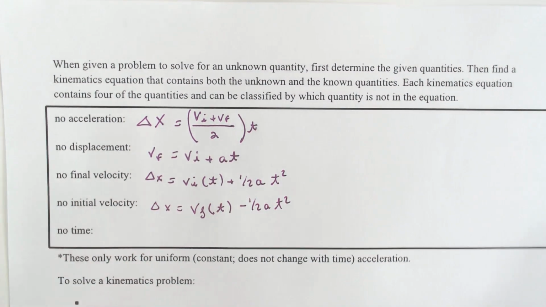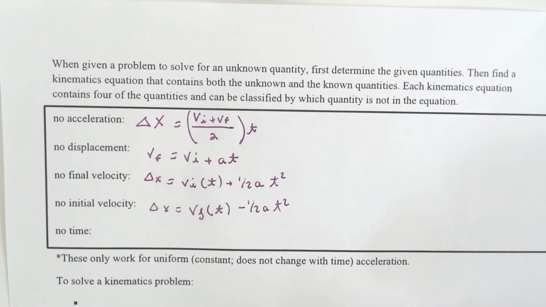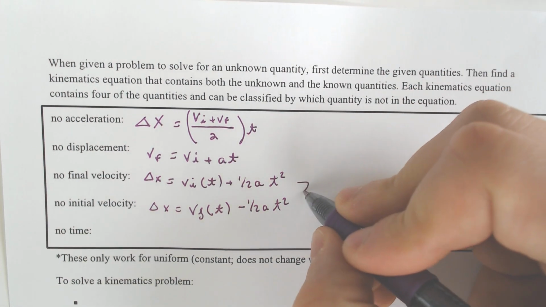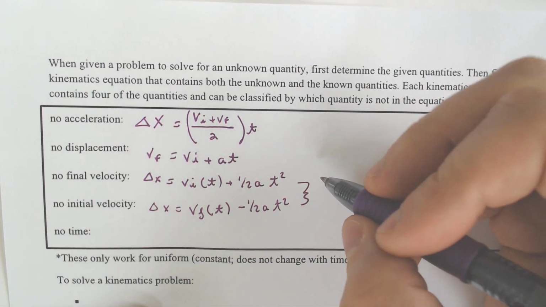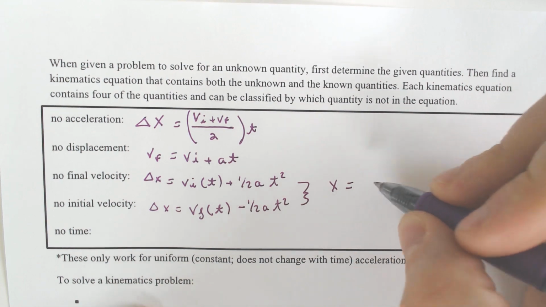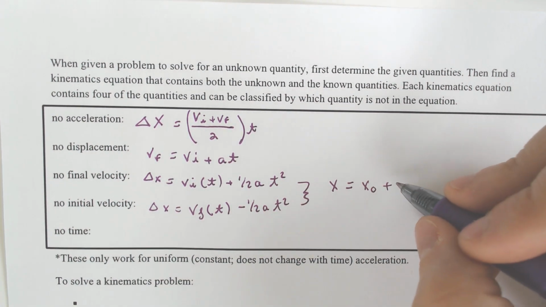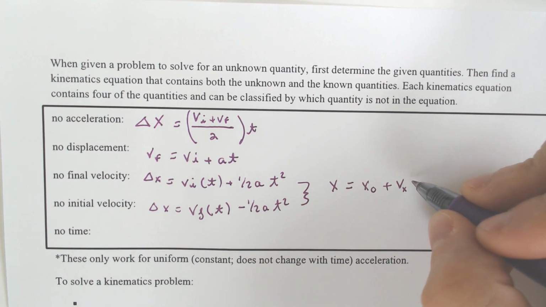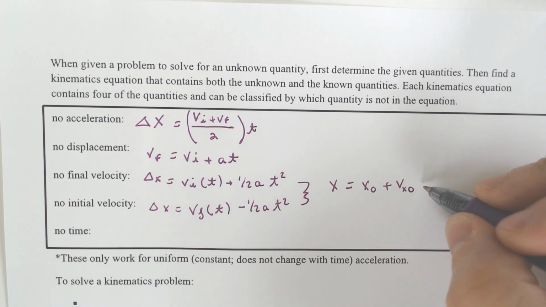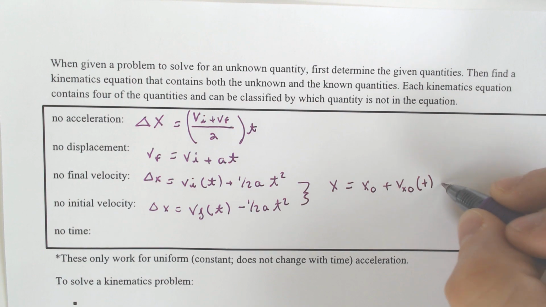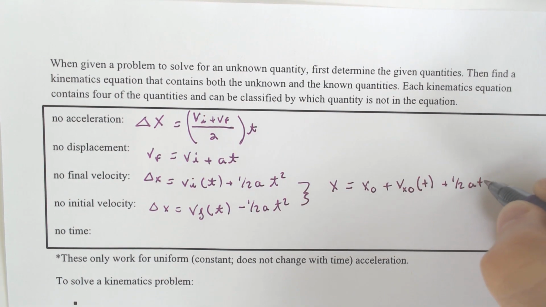Now, on your AP sheet, you're not going to get that, unfortunately. You're going to get a variation of these formulas on your AP formula sheet. You will get this one: x equals x sub 0 plus, I'll even write it the way they write it, Vx0 times time plus 1/2 a t squared.